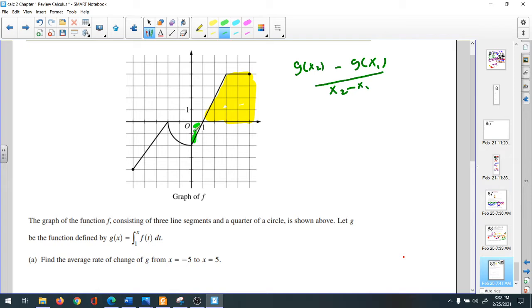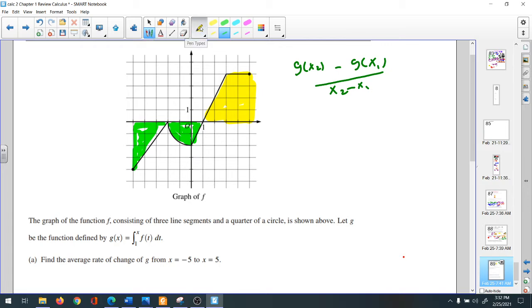That's a negative part, this is a negative part, this quarter circle is a negative part, and this part too is negative. So we want to calculate the area from the given graph.